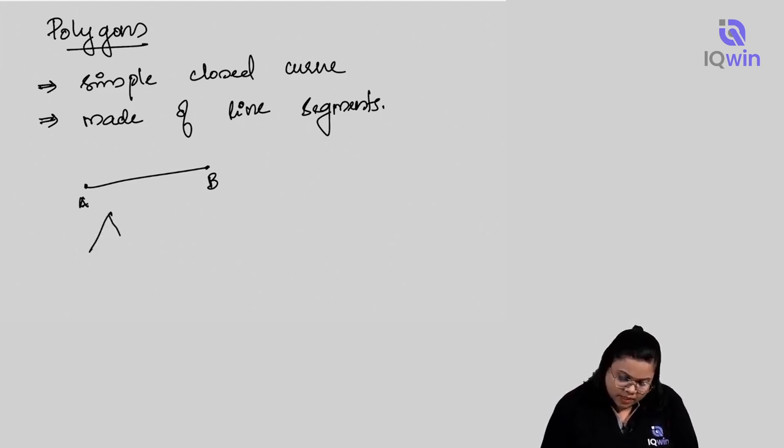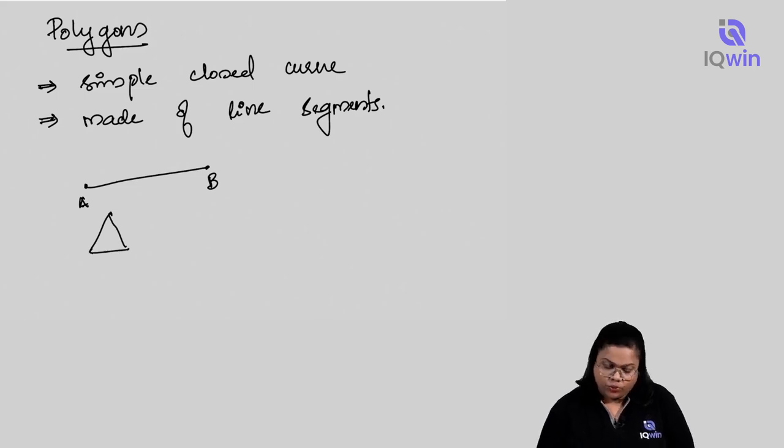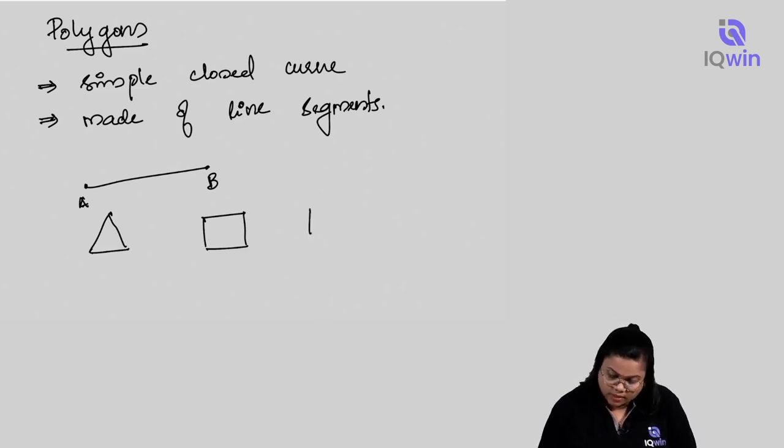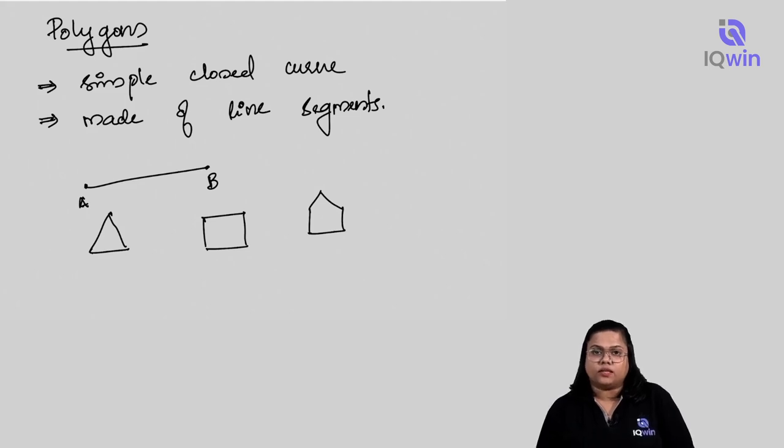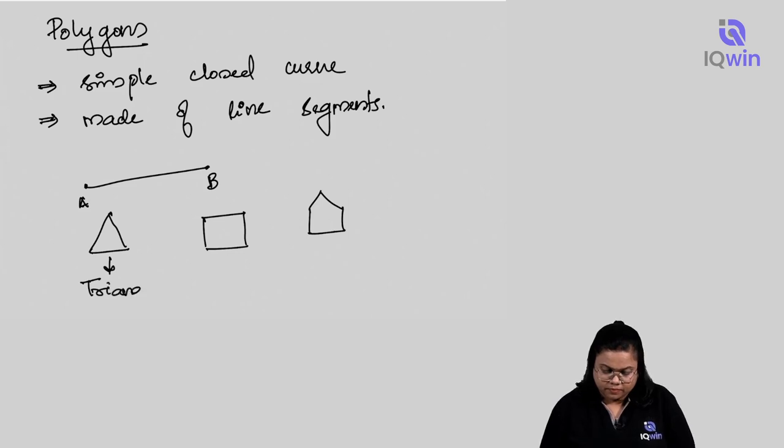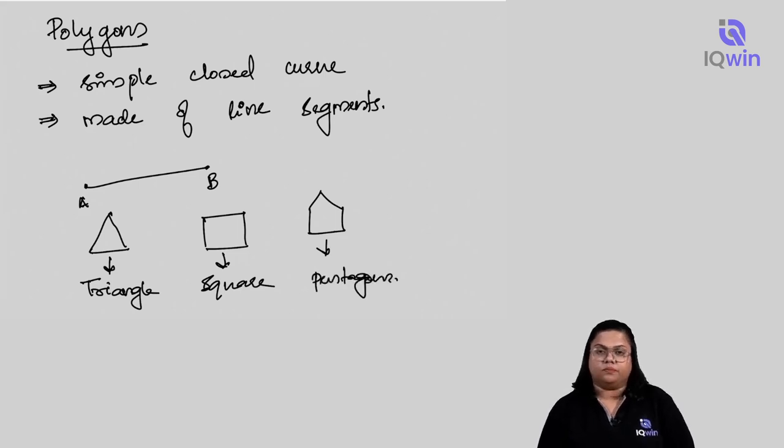Based on the number of line segments that you use, the name of the polygon changes. Here we are using 3 line segments, hence this is a triangle. Here we have 4 line segments, so it can be a square. 5 means it's a pentagon, and it goes on.